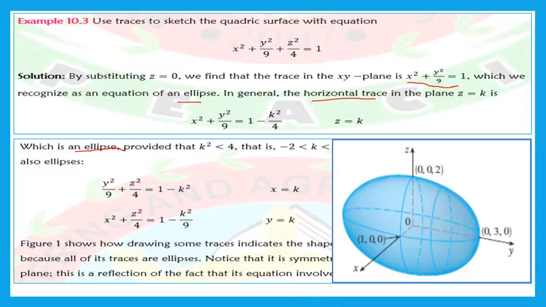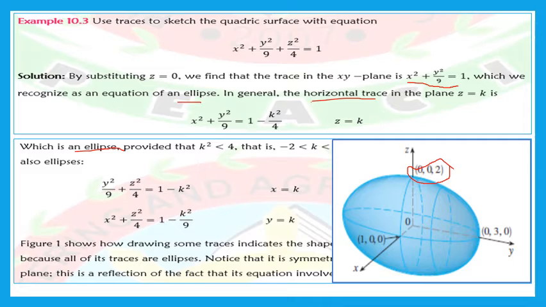Solving for z, makukuha nyo yung intercept, so that's why 0, 0, and then connect nyo lang siya. Kung sa x-axis naman, i-let yung 0 si y and z, so x squared equals 1, square root of 1 is 1. So that's why 1, 0, 0.